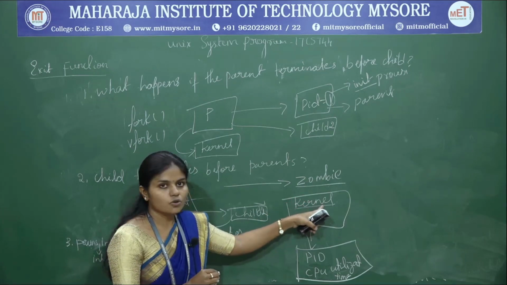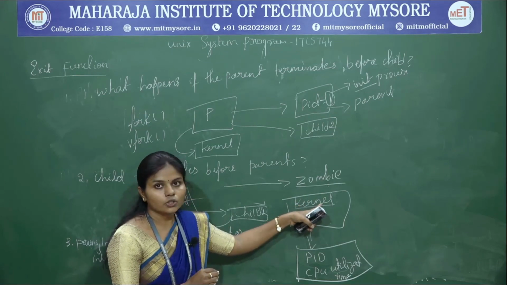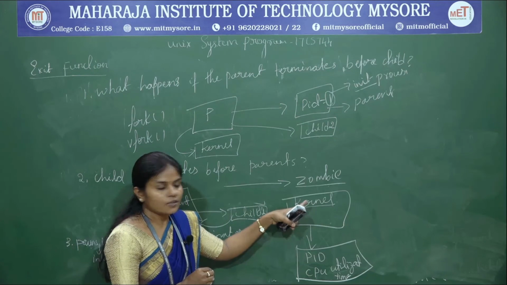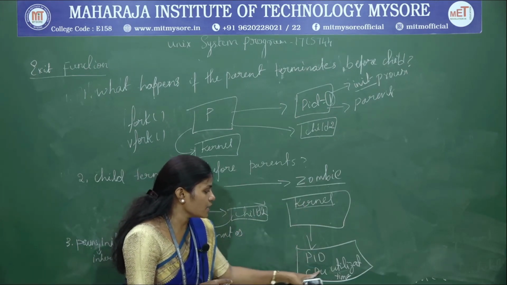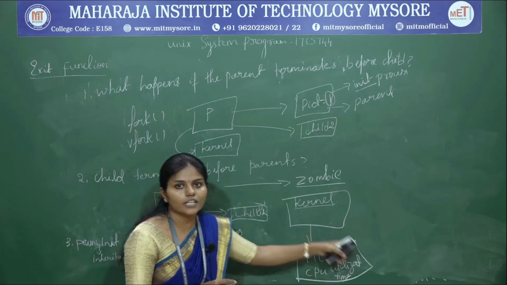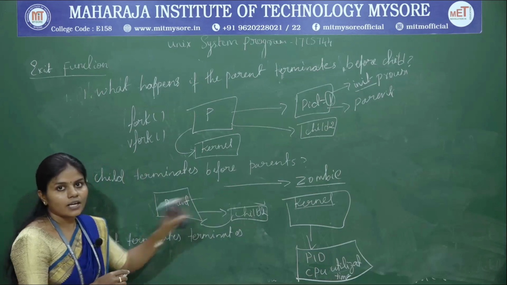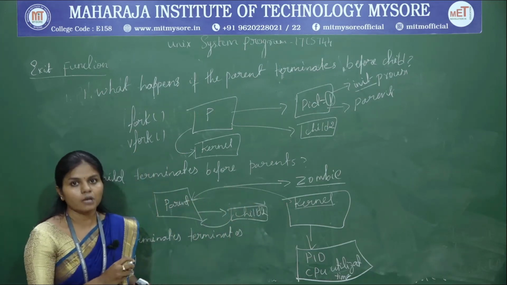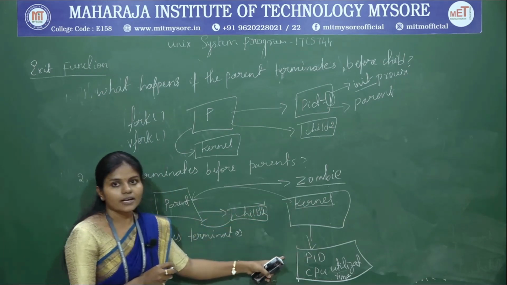So before the process is terminated, the kernel is going to check whether it is a parent or a child, right? So if it is a child, then what happens? It is going to keep track of its PID and CPU utilization time, all the information about that child. Now the kernel is going to intimate the parent by sending a signal that the child has already left.